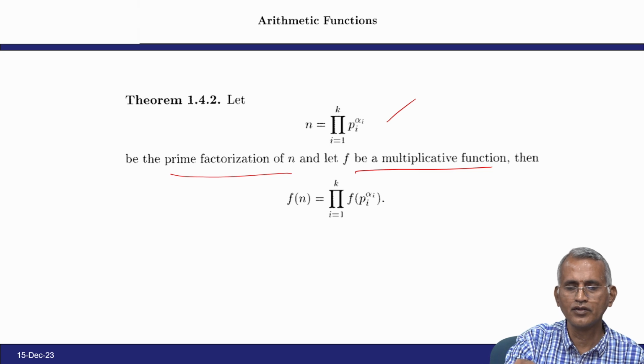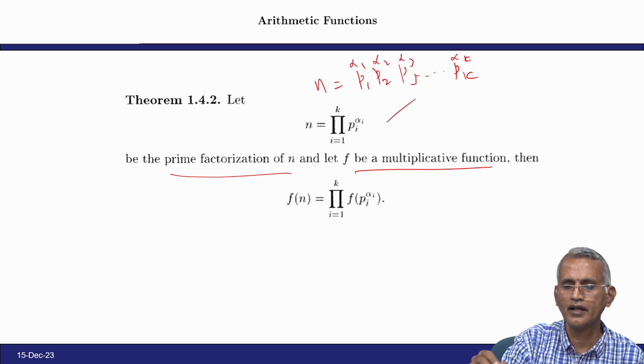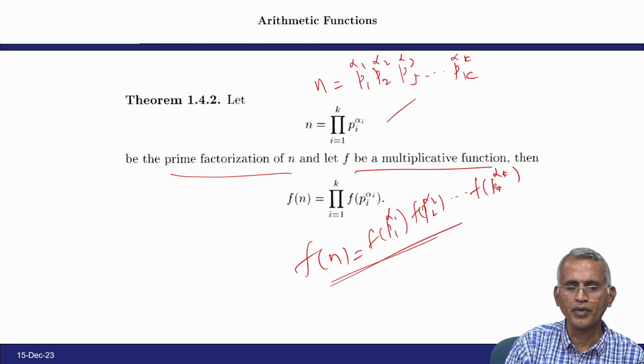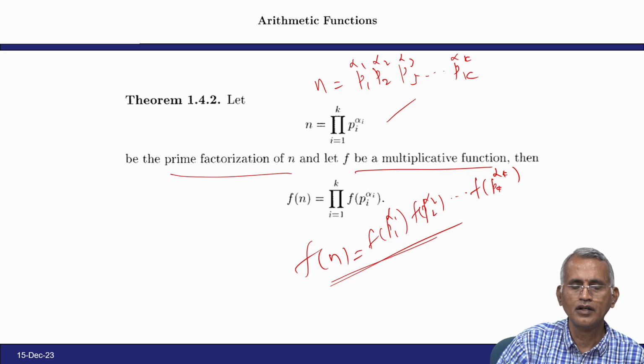That is, n is equal to p1 into p2 into p3 and so on up to pk, and the powers are alpha 1, alpha 2, alpha 3 and so on up to alpha k. If we have n, then f of n is equal to f of p1 power alpha 1 into f of p2 power alpha 2 and so on up to f of pk power alpha k. So, this is called the prime factorization of n corresponding to the multiplicative function.